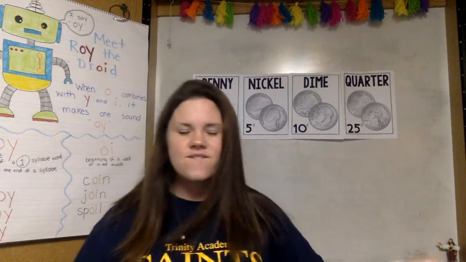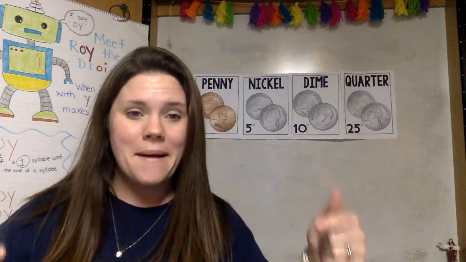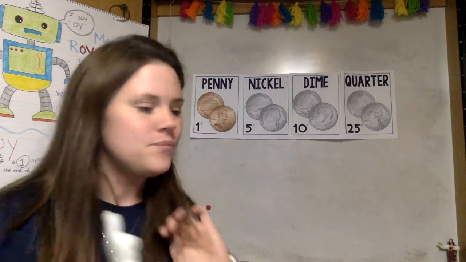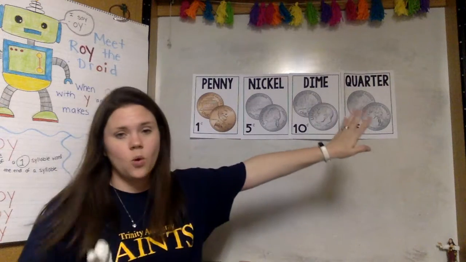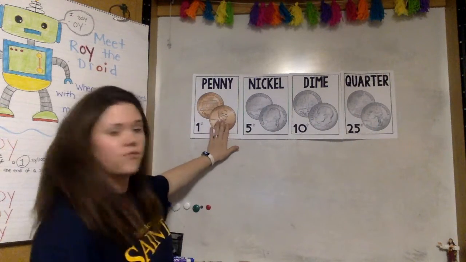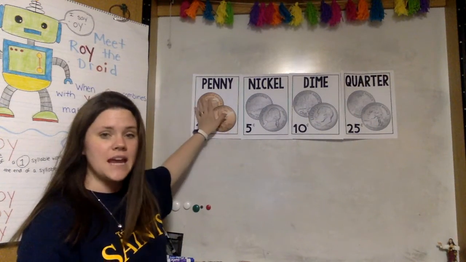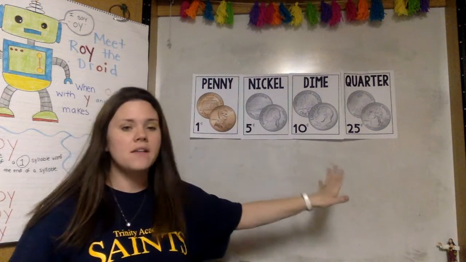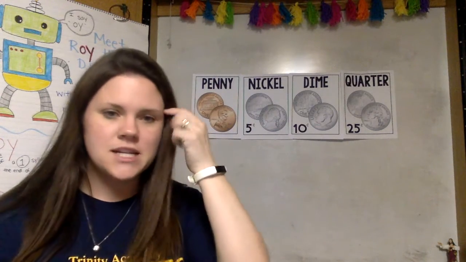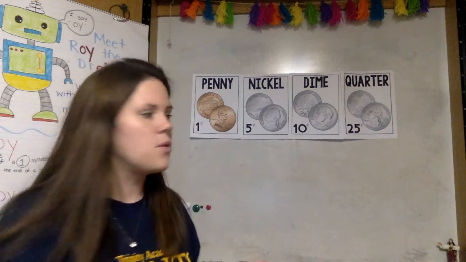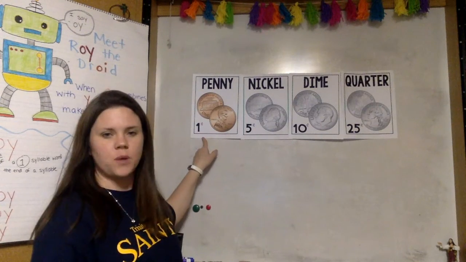And there we have our 4 major coins in American money that we use, right? And what we know about these coins is what the heads of them look like, and what the tails of them look like, and their value. And because we as mathematicians know their value, we know that a penny is worth 1 cent.